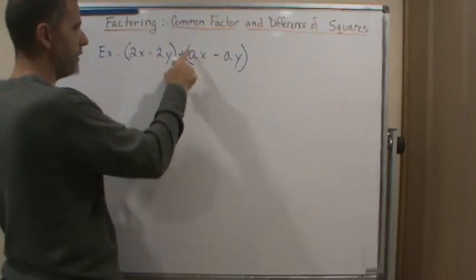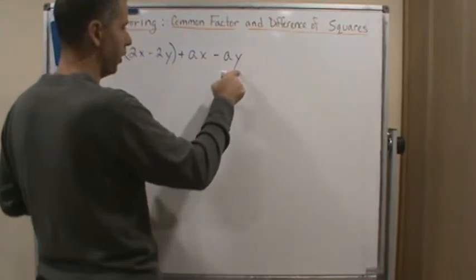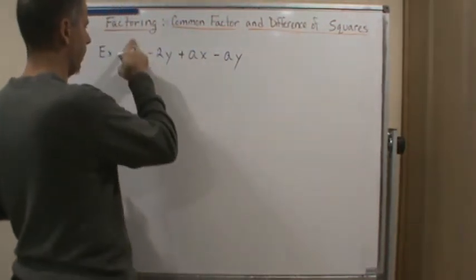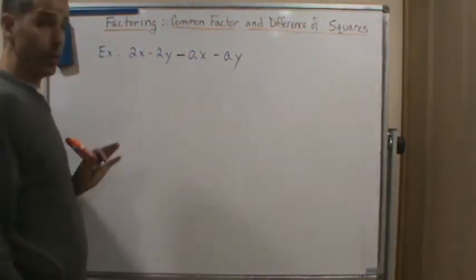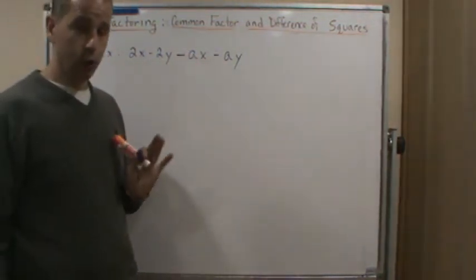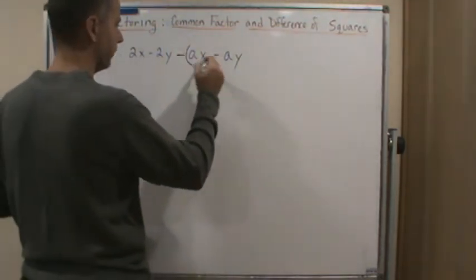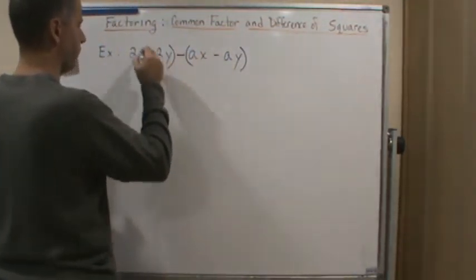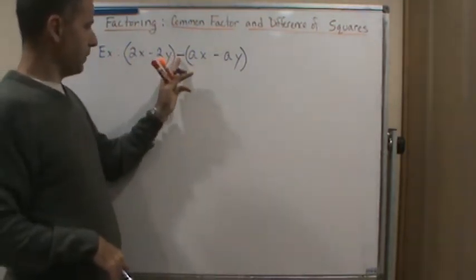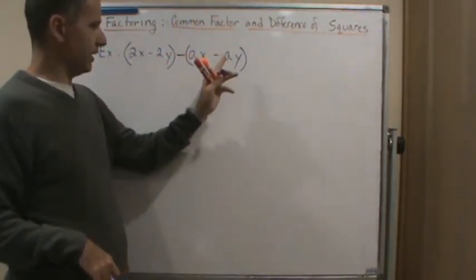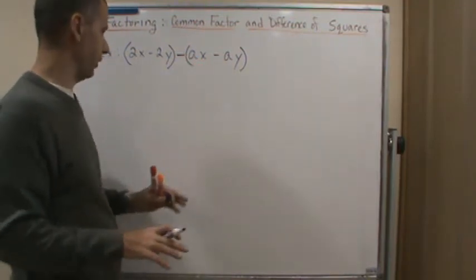If this was a subtraction, just so you know, you would not group it this way. Remember, this means you're going to distribute the negative to both of them and it'll change this sign, and you'll get the wrong answer.